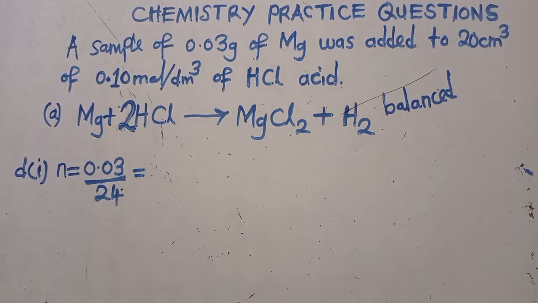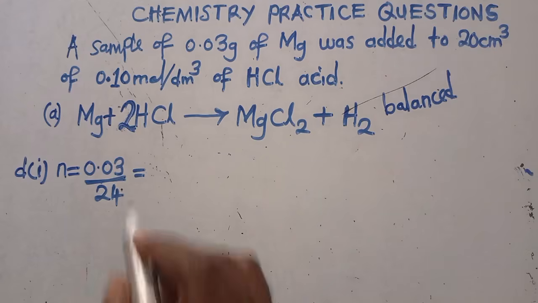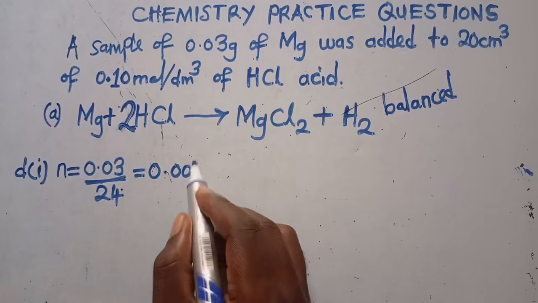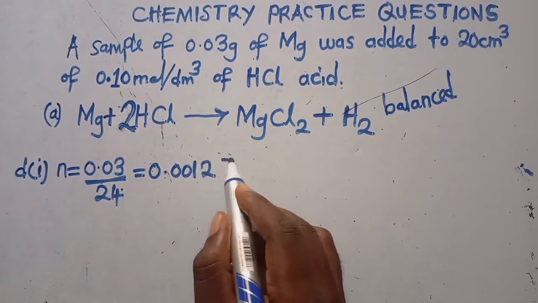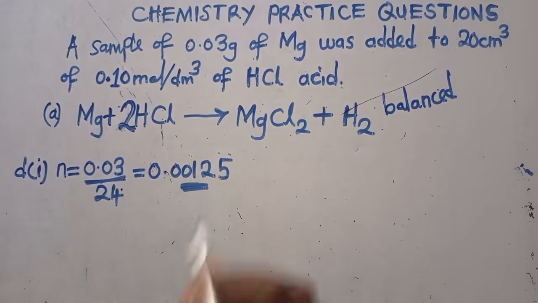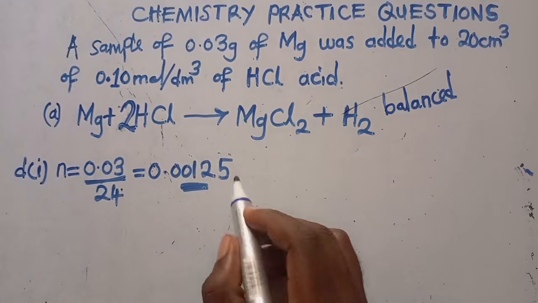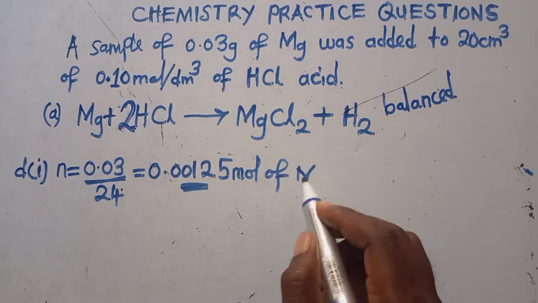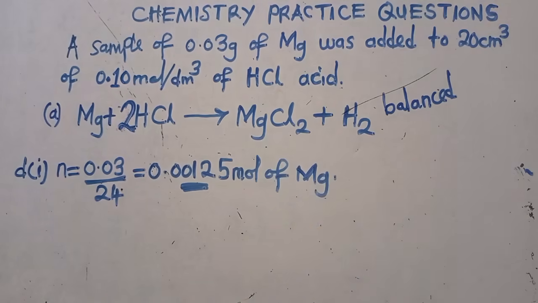We divide 0.03 by 24. The answer we are getting is 0.00125. So that is the moles of magnesium.